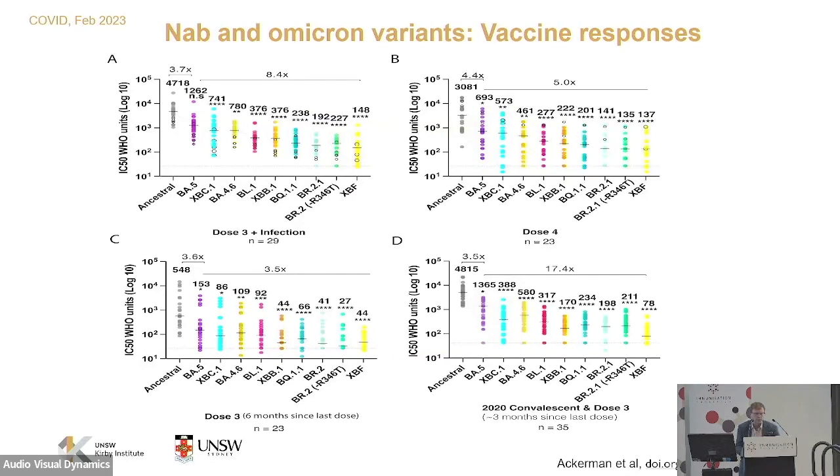But across all those variants, there is not that much difference between the various Omicron strains. The difference between the worst and best of the Omicron strains is around 4-fold and often less. And if you've had 4 doses of vaccine, you take a lot less hit across these variants.